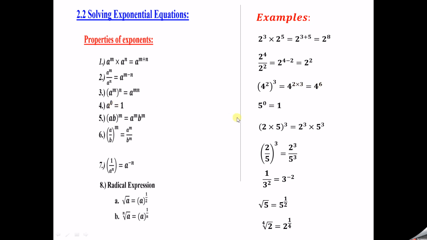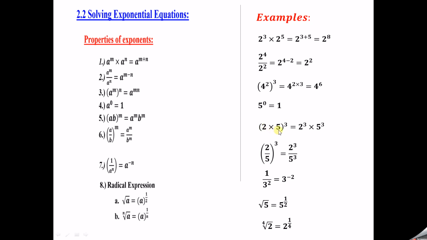And fourth property, 5 power 0 is equal to 1. Any value a power 0 is always equal to 1, where a is not equal to 0. And fifth property example is 2 times 5 power 3. So when there are two numbers in the base product and a single power, this power is applicable for both the numbers.